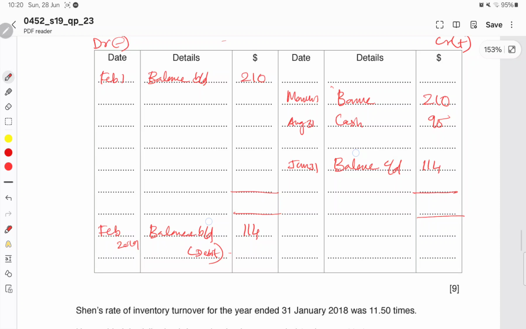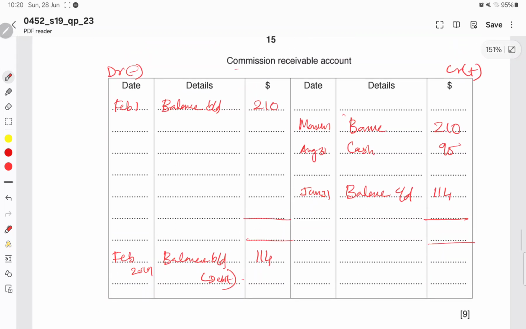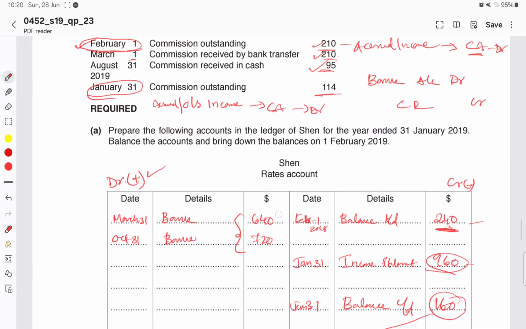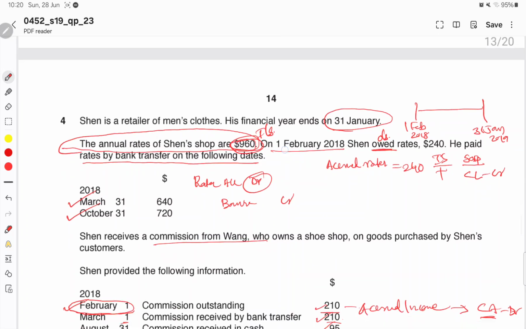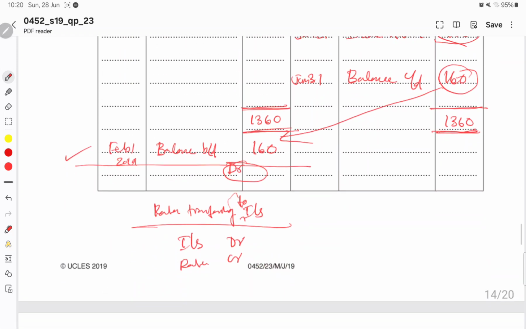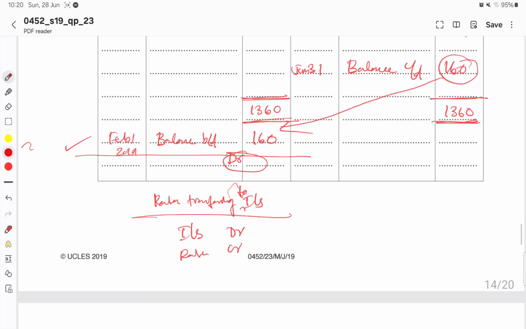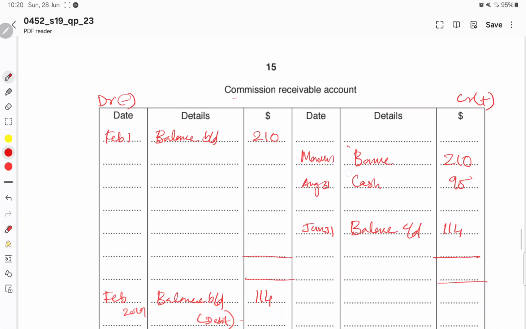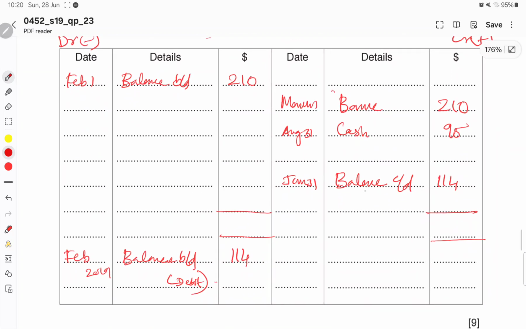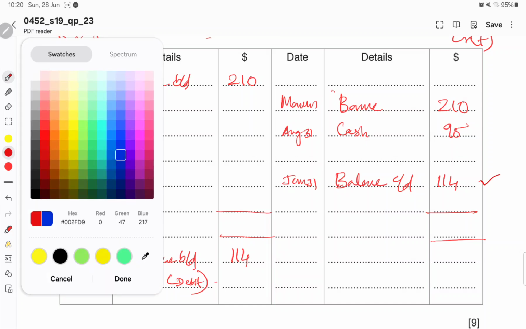Now when we are balancing in this question, you can see that previously they gave 960 as the annual rates during the year. In this question it is not given like that. So we have to find out the income statement amount.